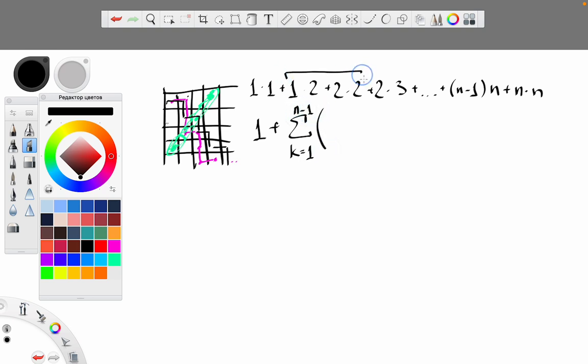We will group the summands like that. The first summand is k times k plus 1, and the second is k plus 1 squared.